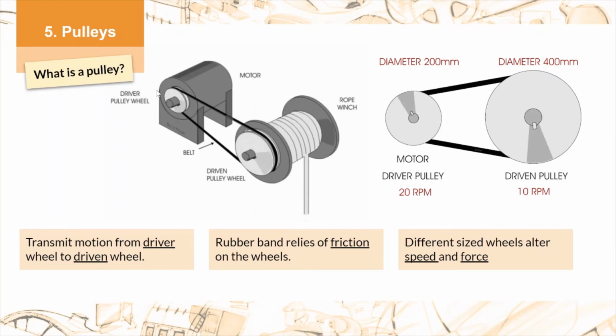For every one turn that the motor turns, my driven wheel would go 10 turns. So there's a ratio between the diameter and the amount of RPM, revolutions per minute, or turns.